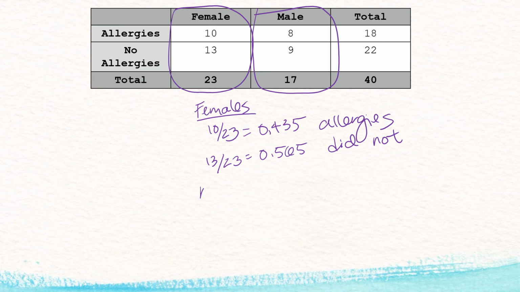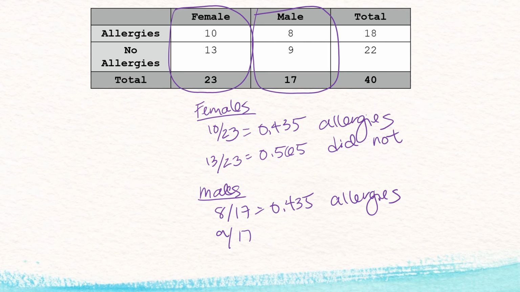Okay, let's look at males. For males, I would have gone 8 out of 17, and I would have gotten 0.435 had allergies. And then 9 out of 17 equals 0.539 did not.